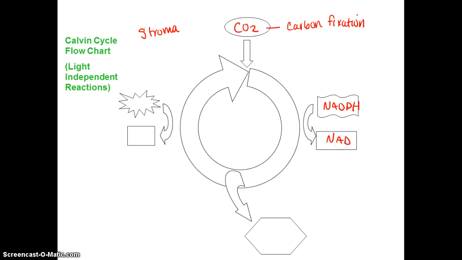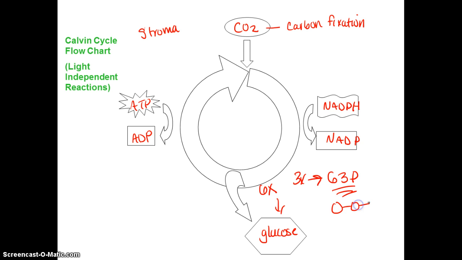Those electrons are used, and the energy is used, the ATP that was harnessed from light, to make our glucose molecule. So basically after 6 cycles, it'll produce our glucose molecule. Or you could remember 3 cycles directly produces our G3P molecule, which is basically a 3 carbon molecule.